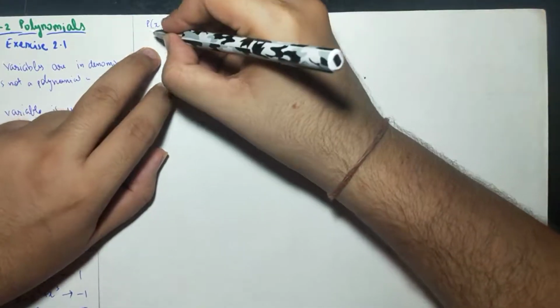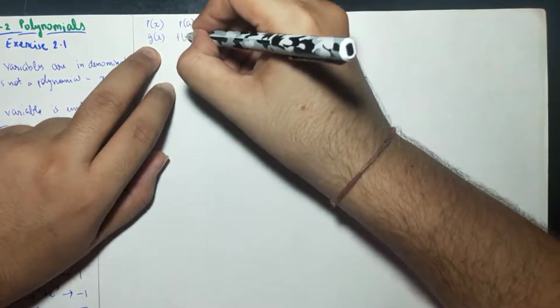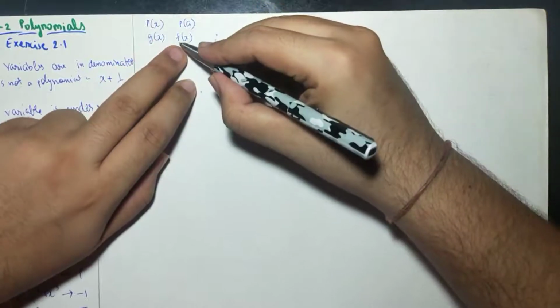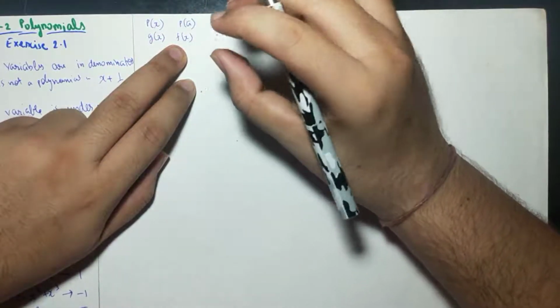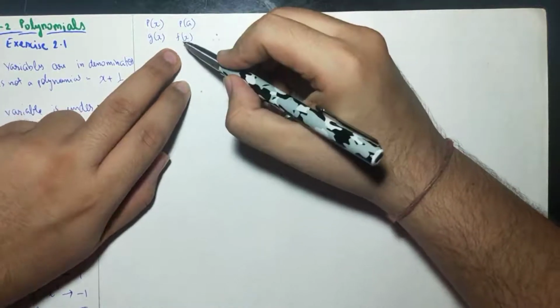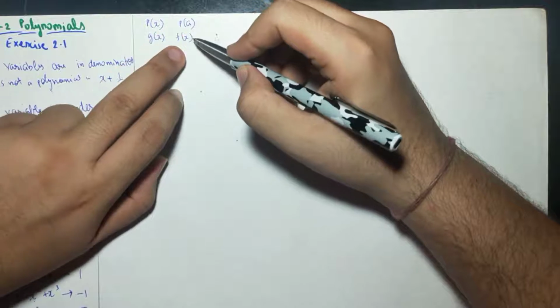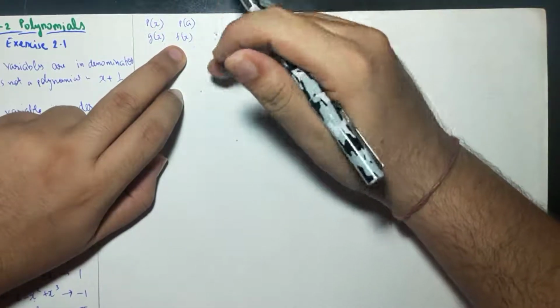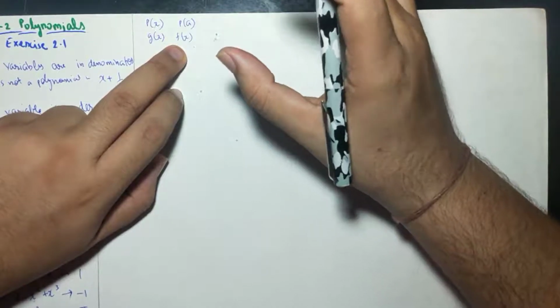Not only p, there are many. G of x can also be written, f of x can also be written. There are polynomials in the variable which is written in the bracket. This is the general naming of a polynomial. So one polynomial is p of x, other is g of x, one is p of a, other is f of x. They are polynomials in a specific variable.